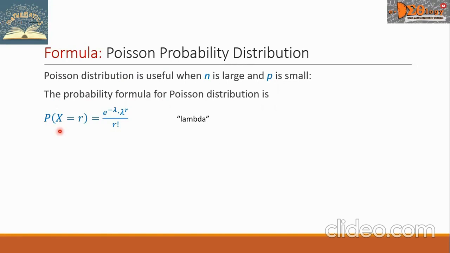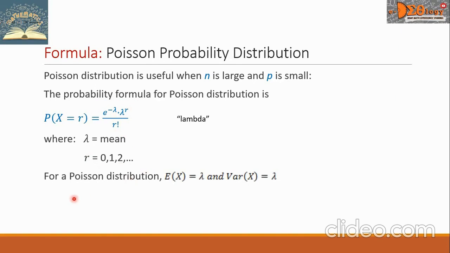P of capital X equals small r equals this fraction where the numerator is the exponential raised to negative lambda times lambda raised to r, and the denominator is r factorial, where lambda is the mean and r are values from 0, 1, 2, and so on. For a Poisson distribution, the expected value is equal to lambda and the variance of x is equal to lambda.